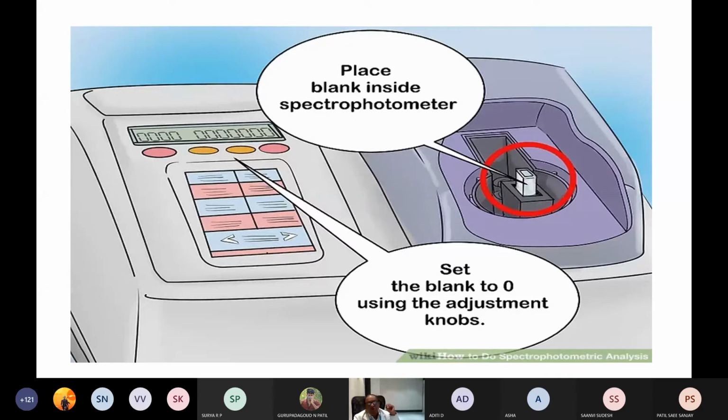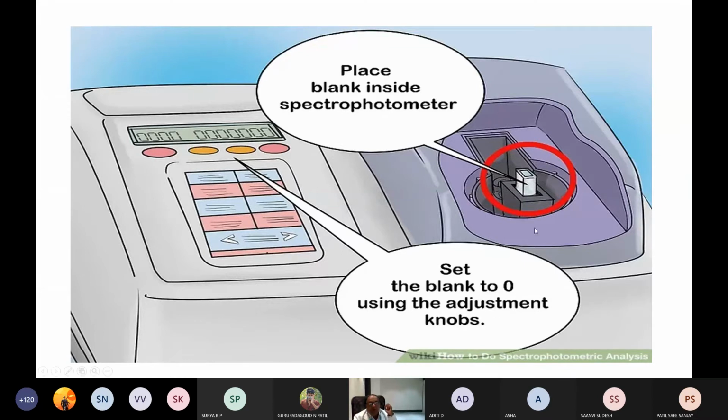That time we have to see that the color of the blank is not interfering with the reagent of the test. That's why we subtract or remove whatever absorbance there may be for that reagent.